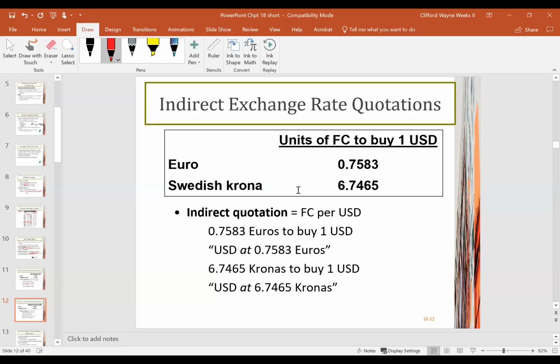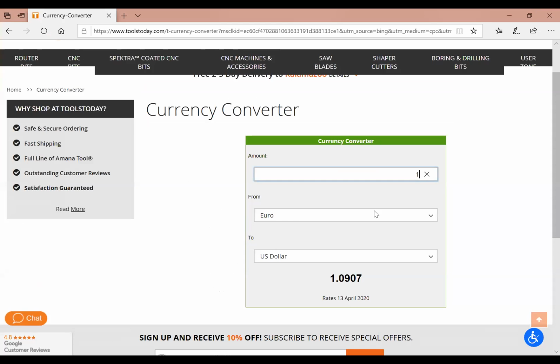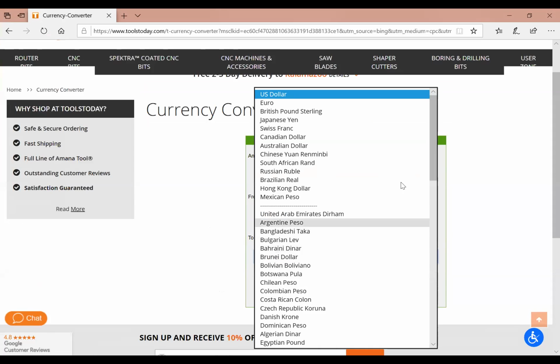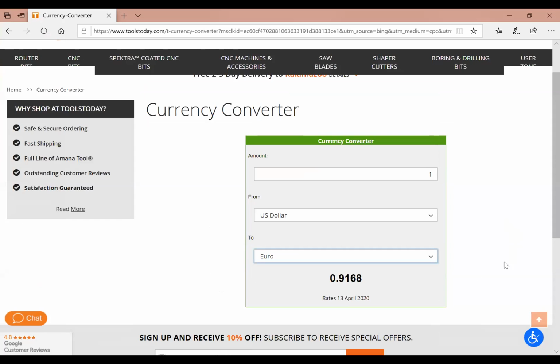If we were to flip things and say, if we went US dollar to the euro, we could buy roughly 0.92 euros.